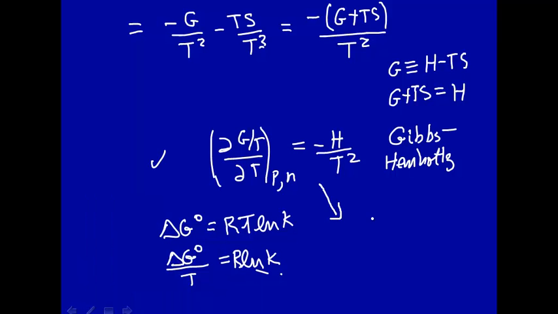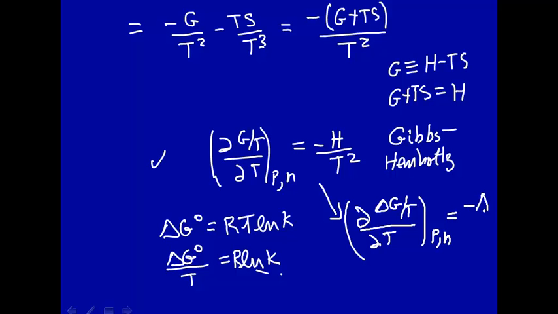I also claim that this can be written as how delta G over T changes with temperature at constant pressure and number of moles, which is equal to minus delta H over T squared. We just replace the G by delta. You can see that because delta means final minus initial, so you just write final minus initial and you get the same thing.